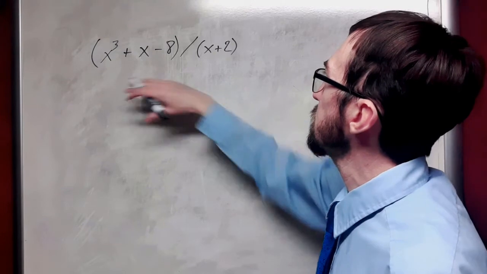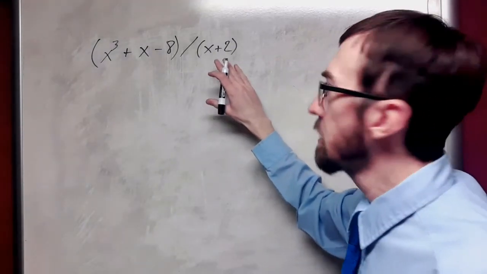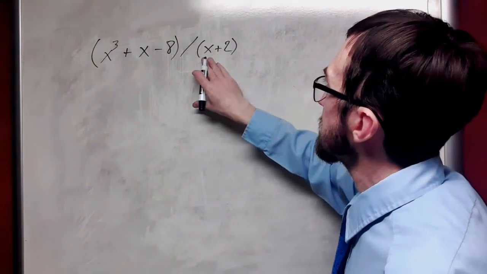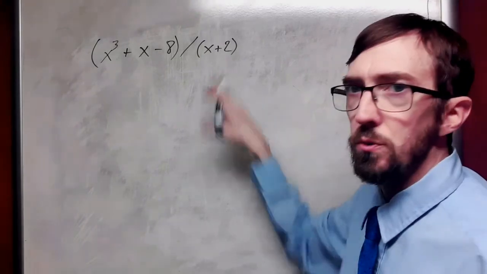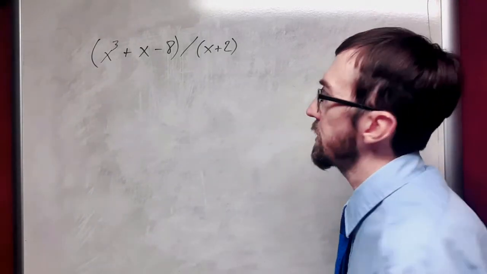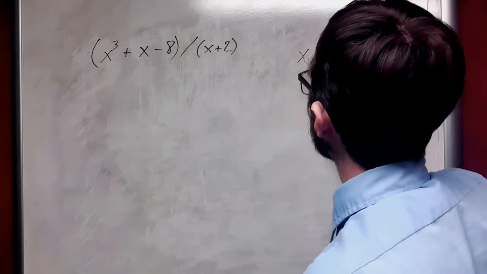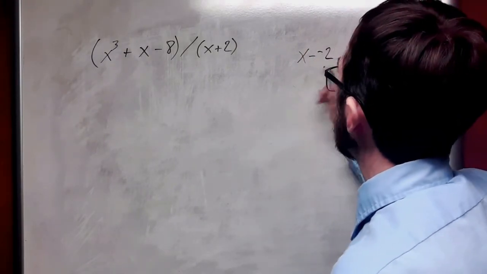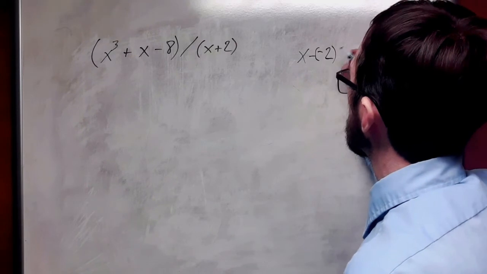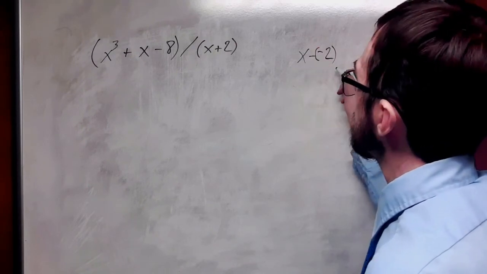All right, this is going to be our initial problem. We have this cubic divided by this linear piece here. This is x plus 2. Does that fit the form that we need? Well, it does. If we pull this over to the side and look at it, this is x minus -2.